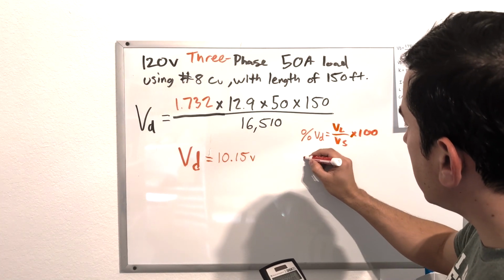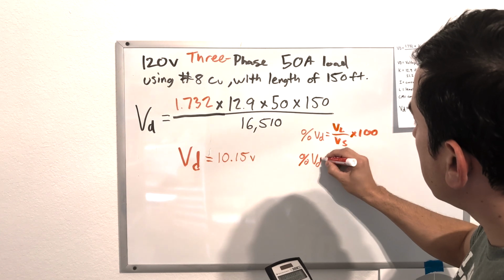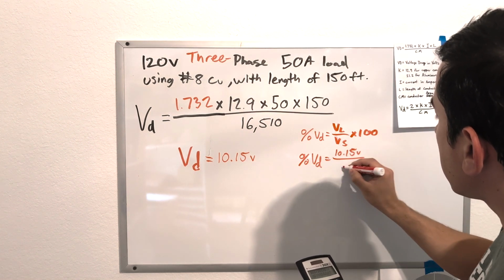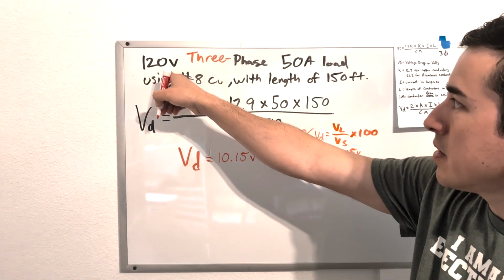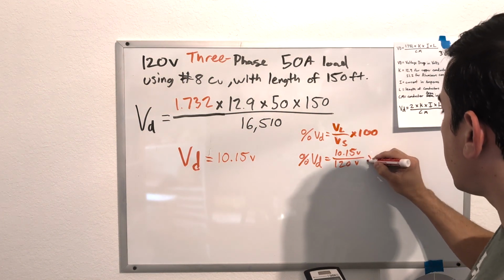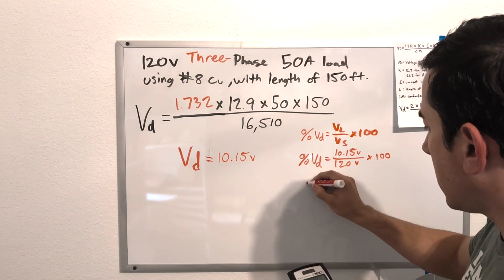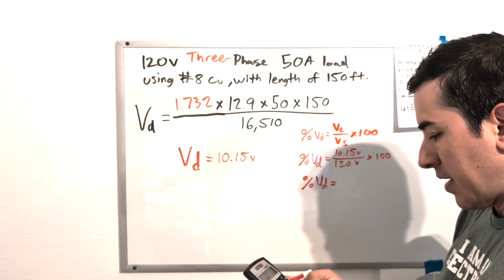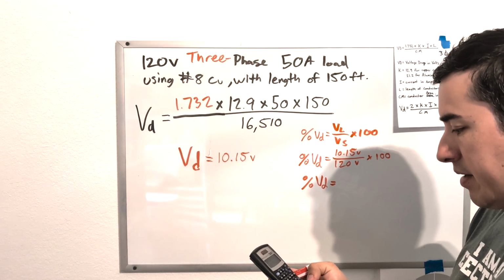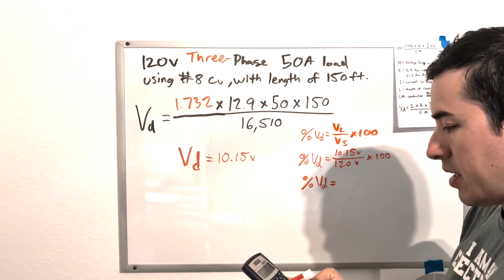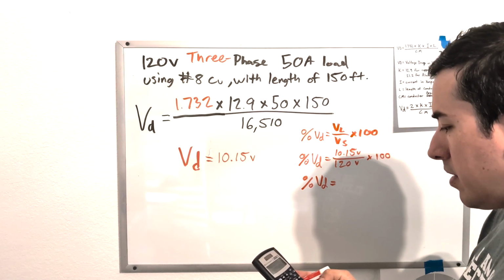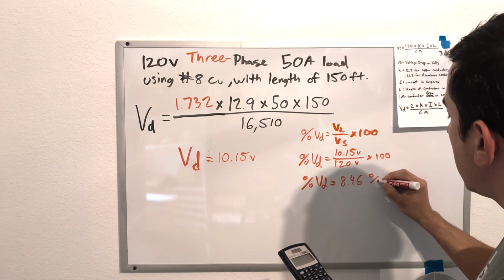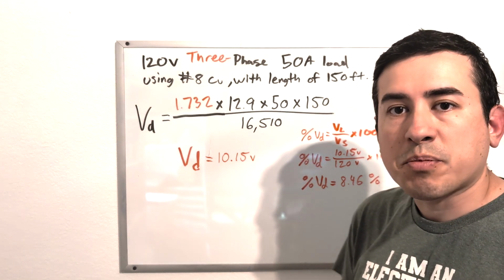It would be 10.15 volts over 120 volt times 100. 10.15 divided by 120 times 100 gives .46%.